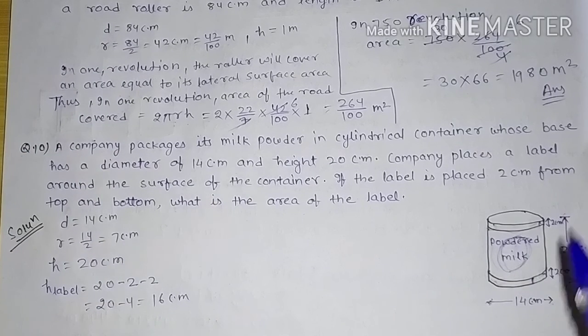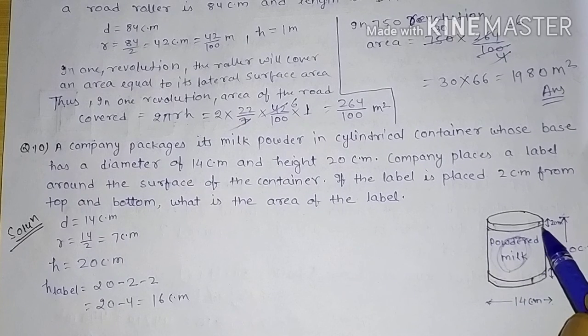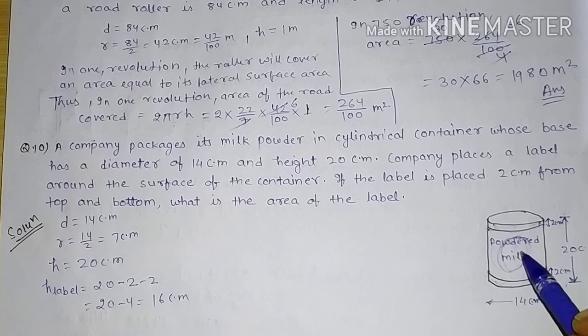So listen, students, it's a very important thing. The label which is pasted on the middle of the cylinder, as shown in the figure, is in the shape of a cylinder because it is pasted on the cylinder. So now we have to find the area of this label which is in the shape of a cylinder.